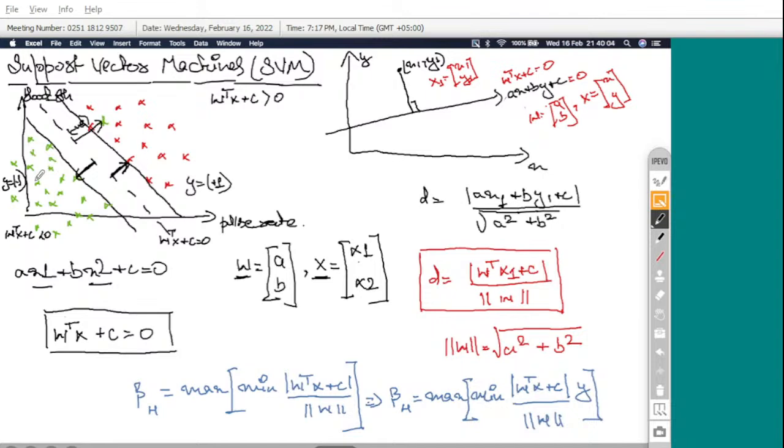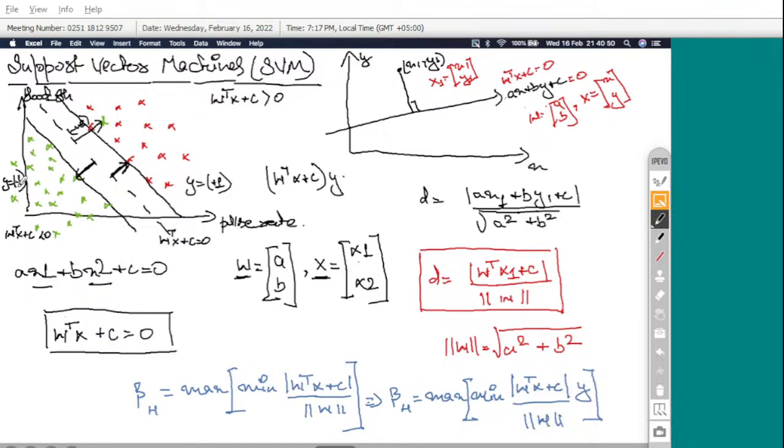At this side of the hyperplane, W transpose X plus C will be greater than 0.